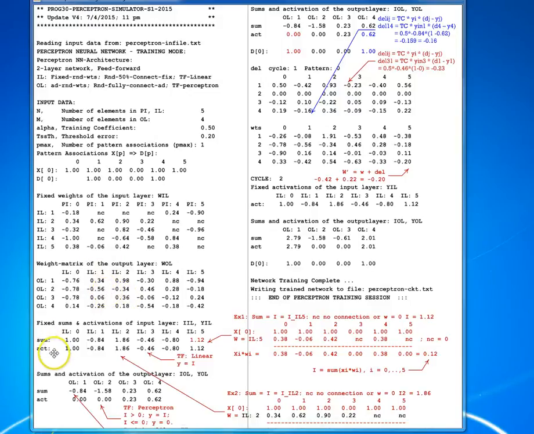These are the internal activations of the input layer or output layer. Internal activations are indicated as sums, which are nothing but weighted sums, and the corresponding output values are indicated by ACT, which is the activations.